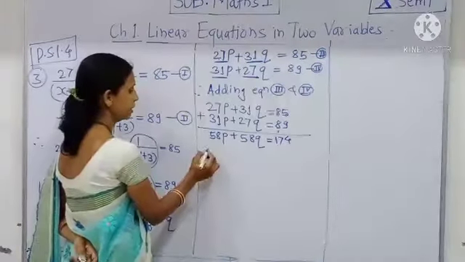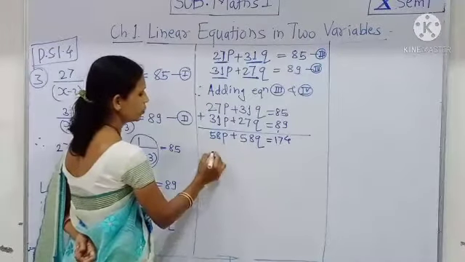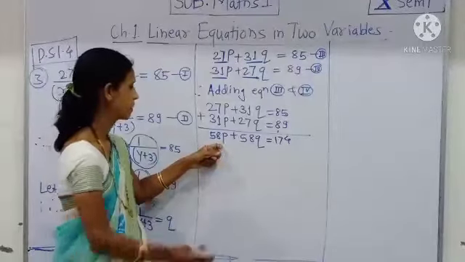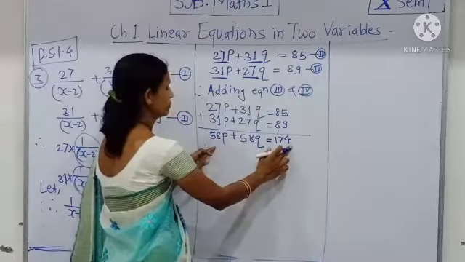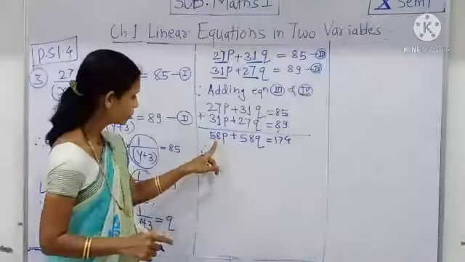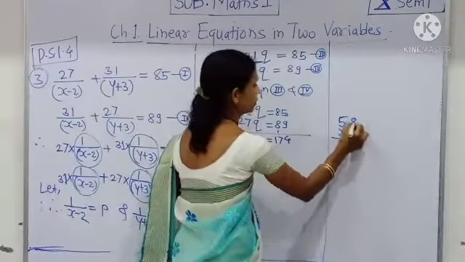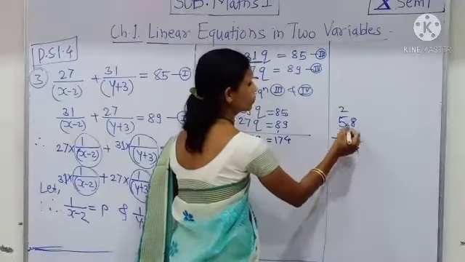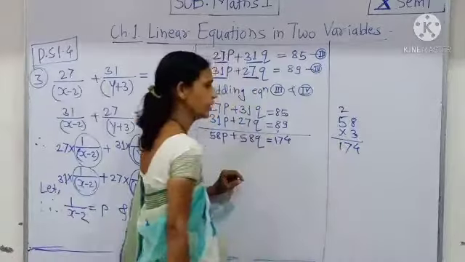Then see here the equation. Here we have to simplify this equation. See here that 174 is divisible by 58 directly, because 58 into 3, that is 3 into 8, 24, carry 2, 3 into 5, 15, plus 2, 17, that is 174.